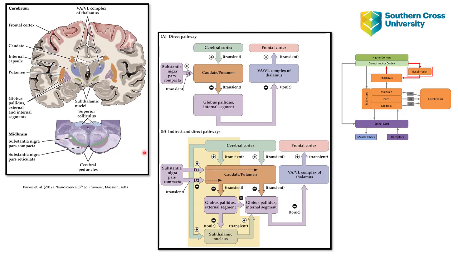And what parts of the movement are they controlling? Well, basically when to start and stop movements, when to ramp up or ramp down the intensity of our actions, and also the direction of our voluntary actions. So what we're referring to over here in our schematic of the nervous system is this loop here.